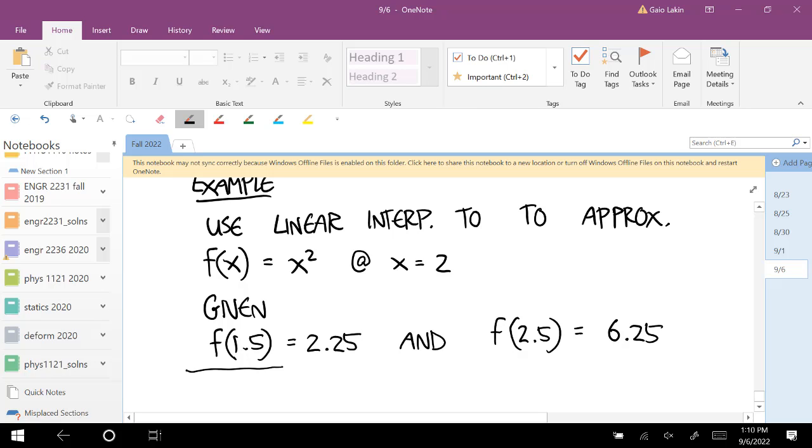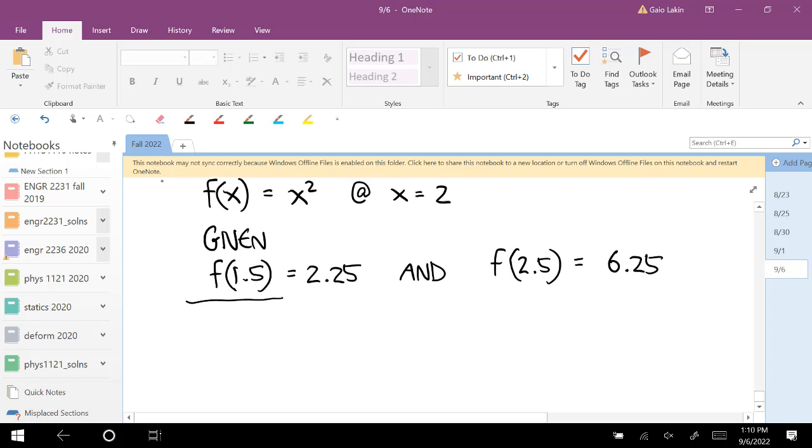Well, since we made up this example, the function is x squared. And so we know that the thing we're trying to approximate should be close to 4, hopefully, if this works out. But what we're imagining is that we don't have the function, we only have these finite data points. And we're trying to come up with our best guess for what the function value is at x equals 2.